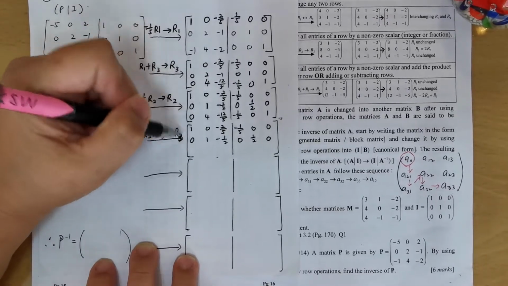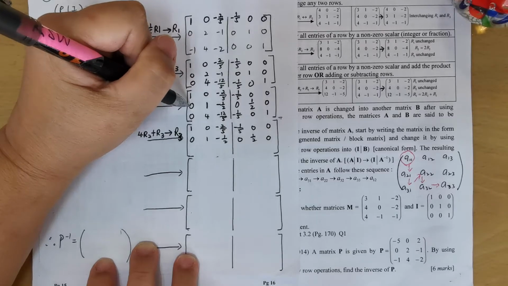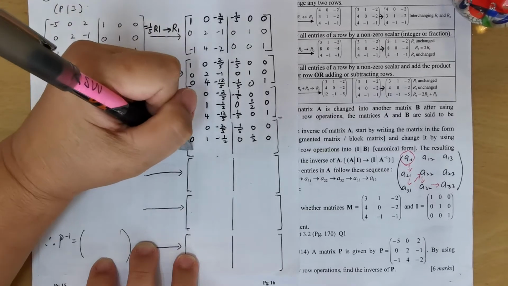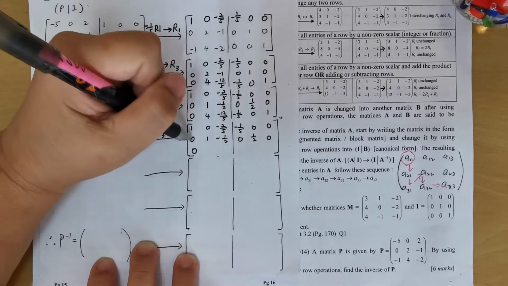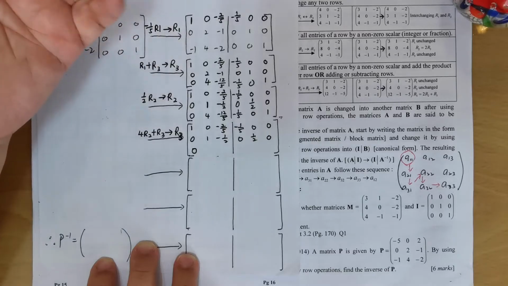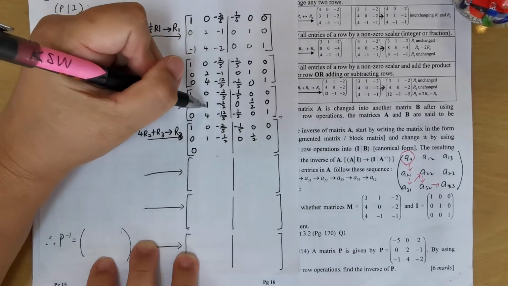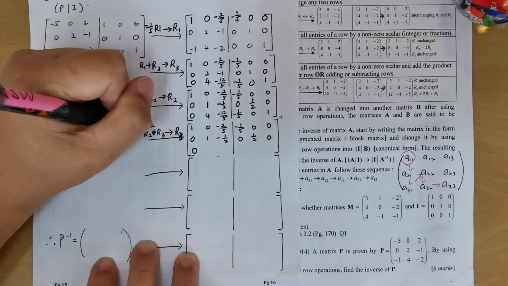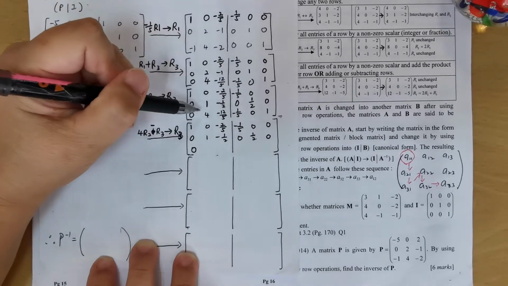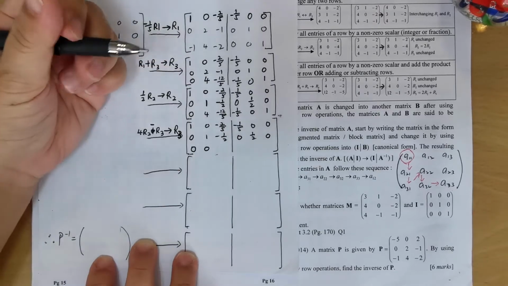Remember, always use the previous one. So this one, 0, times 4, 0. 0 plus 0, still 0. So you see, this is why we want to follow this sequence. After we have changed it, it won't change again when we want to do any operation, right? Then this one, multiply 4 is 4. Sorry, it's not plus, it's minus. So this one times 4 is 4. 4 minus 4, 0.